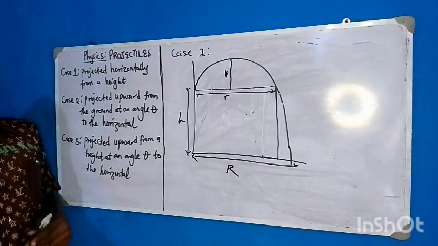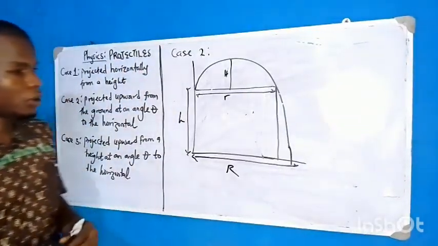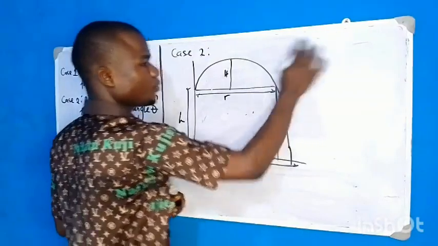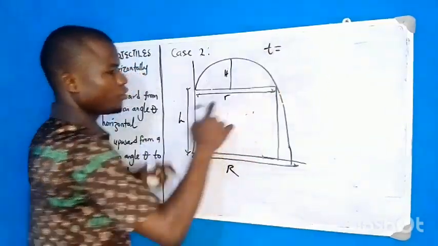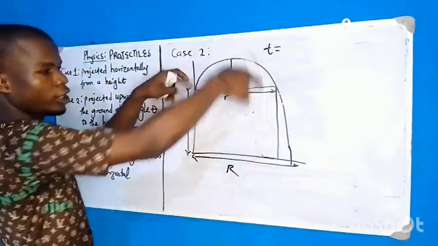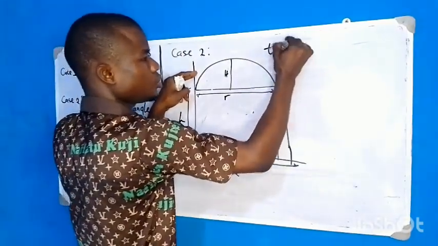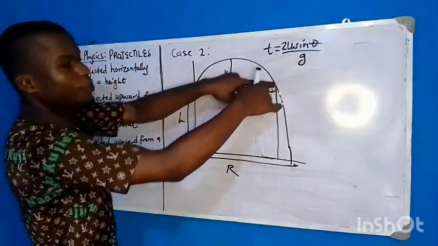See how a bit complicated this one is? For this one, we can also find other things. Imagine you are asked to find the time of flight. The time of flight here is, first, the time of flight for the up part, which is 2u sine theta over g. This one will stop here.